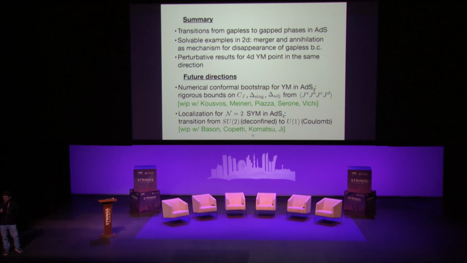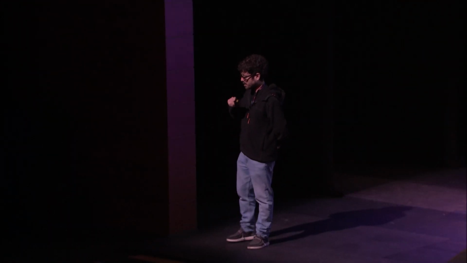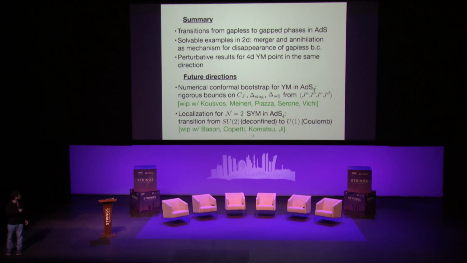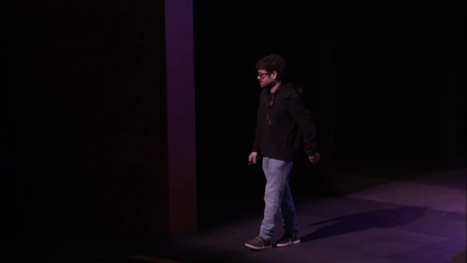There are basically two structures appearing in the four-point function of the currents, in the exchange of the current itself, and then you can separate them into one which is C_J, and one which is an angle, and then you can scan this angle and try to find the minimal possible value of C_J. So that's just by itself.